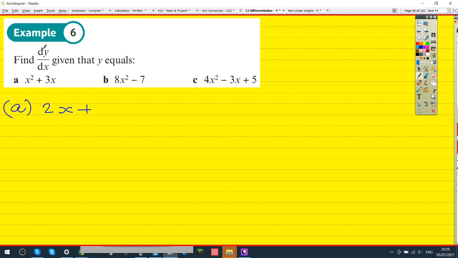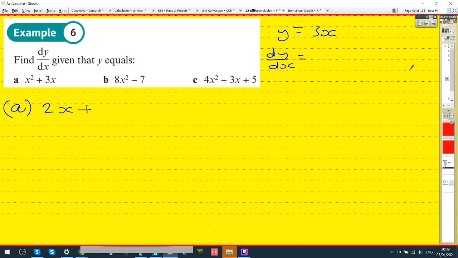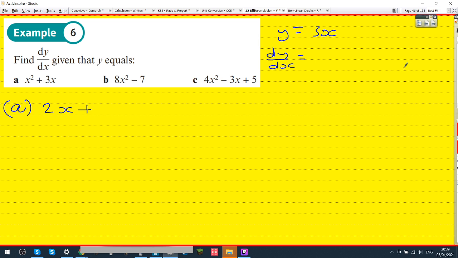Differentiate it, dy dx. So if you had y is equal to 3x, what would be dy dx? 3x to the power of 0.